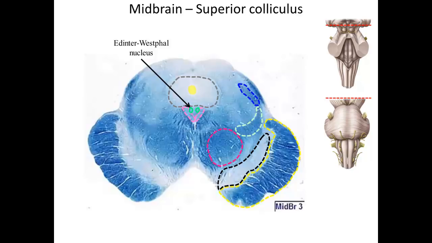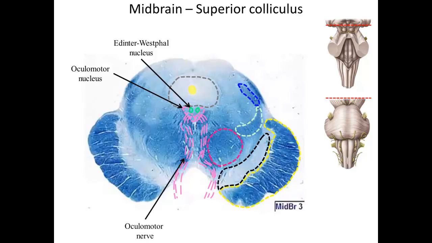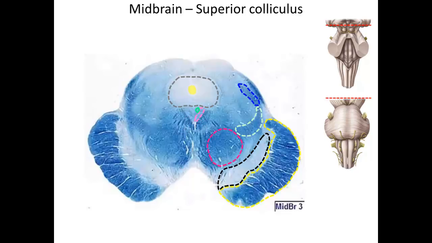Anterolaterally from the Edinger-Westphal nuclei is another pair of nuclei associated with ocular musculature, the oculomotor nuclei. Coming from the Edinger-Westphal and oculomotor nuclei together, called the oculomotor complex, we can see oculomotor nerve fibers traveling through the tegmentum and exiting between the crus in the interpeduncular fossa.